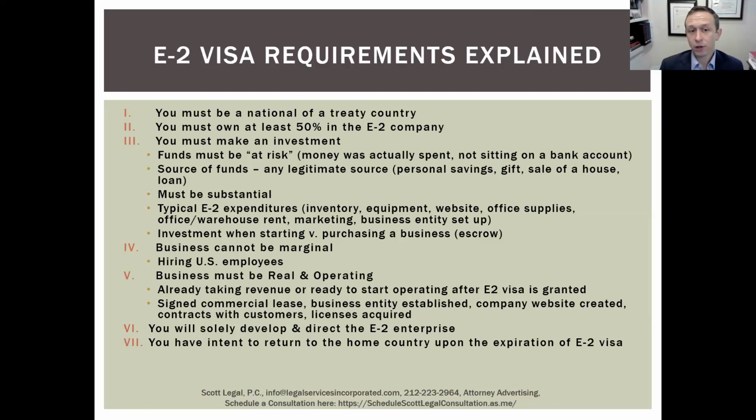I think at last count, there were more than 80. And they really do span the globe. Latin America, Canada, Mexico, Europe, Africa, Asia, the Middle East. So it's worth, if you are curious about an E-2 visa, just Google E-2 treaty countries and you'll see a list of the countries.